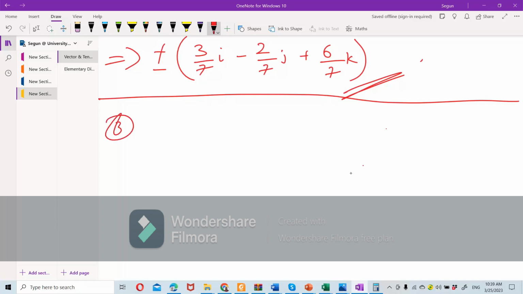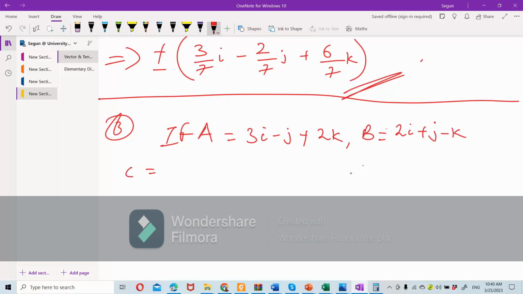So if this is number 3 now, if A equals to 3I minus J plus 2K, and B equals to 2I plus J minus K, and C equals to I minus 2J plus 2K.